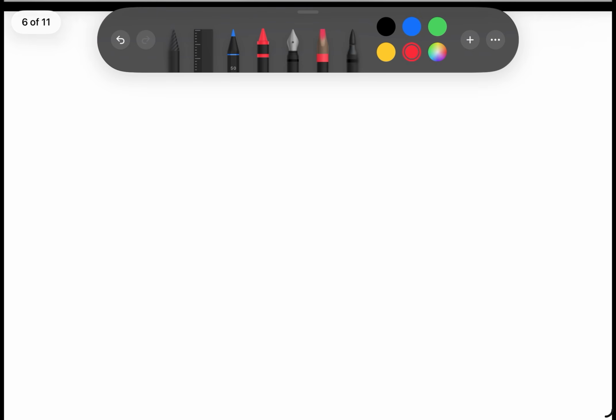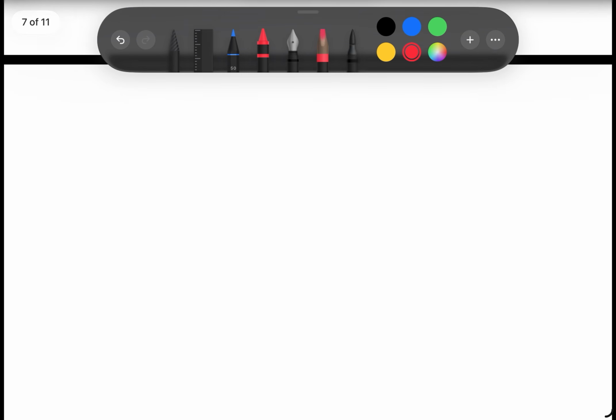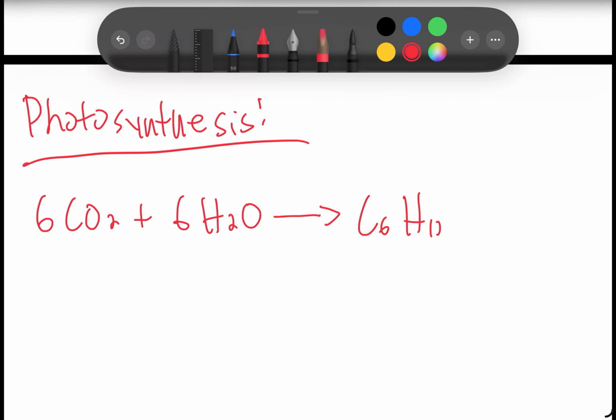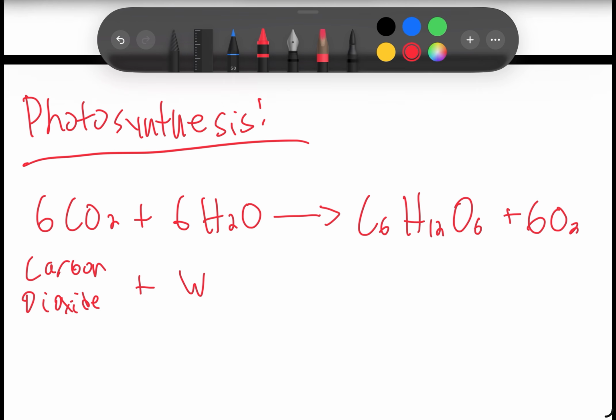Now there's a few other things you need to know for this test, such as the photosynthesis formula, which is 6 CO2 plus 6 H2O, which creates C6H12O6 plus 6O2, which is carbon dioxide plus water.